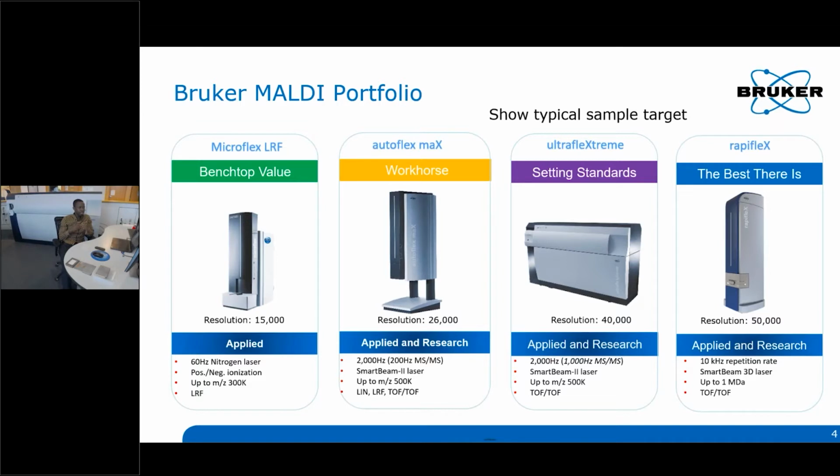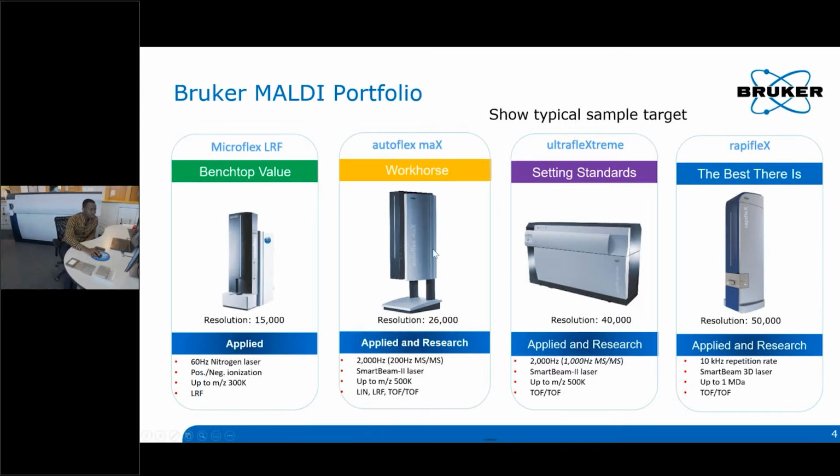And the nice thing about the Microflex LRF is it doesn't really take much space in your lab. You can put it on a benchtop. It's not very big. Comes with a resolution of 15,000, 60 hertz nitrogen laser. Can also function in both positive and negative ionization modes, and can go up to 300 kilodalton as far as how big of a sample you can analyze using a Microflex LRF.